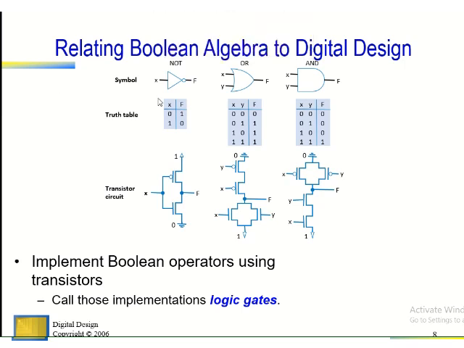On your screen you can see that we have a NOT gate, an OR gate, and then an AND gate. Let's see how we can implement these gates with the transistor.